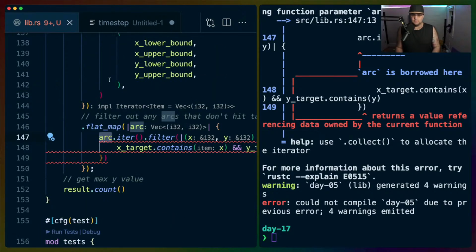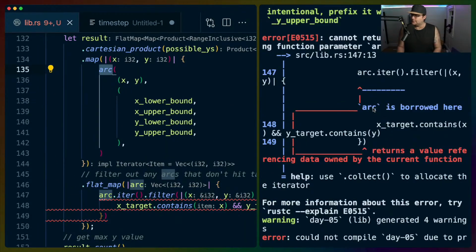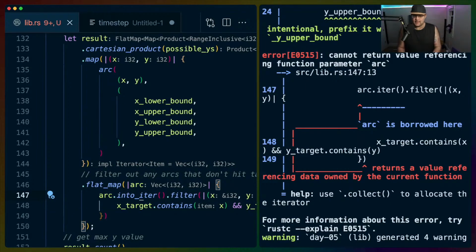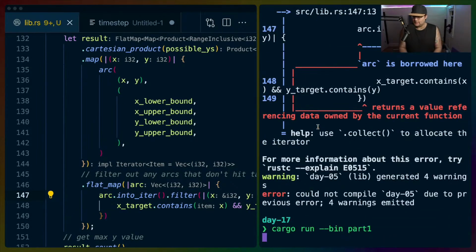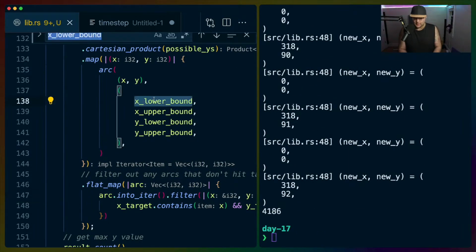Arc iter, filter. What did I do? Can we just take ownership of the data? Take our destiny into control? I still didn't remove the debug. Rip. Let's remove that debug before we run the next one.